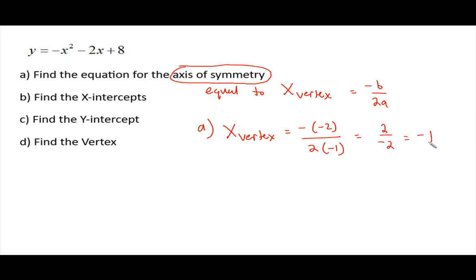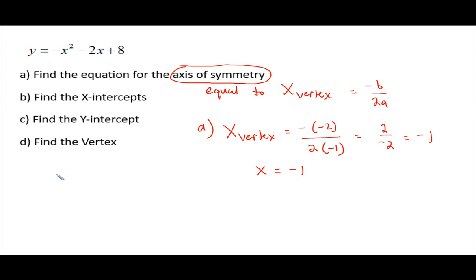We get negative 1. So the equation for the axis of symmetry is x equals negative 1. The important thing to remember: the axis of symmetry and the x value of the vertex are the same. And when the quadratic is in standard form, to find the x value of the vertex, we calculate negative b divided by 2a.